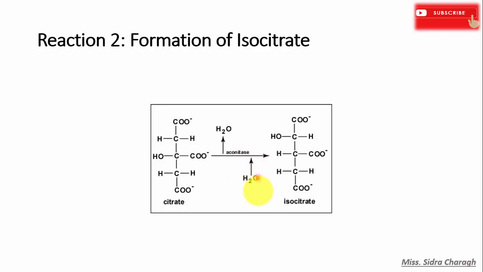In this reaction, a water molecule is removed from the citric acid and then put back in another location. The overall effect of this conversion is that the hydroxyl group is moved from carbon number 3 to the carbon number 4 position on the molecule, and this transformation yields the molecule called isocitrate.